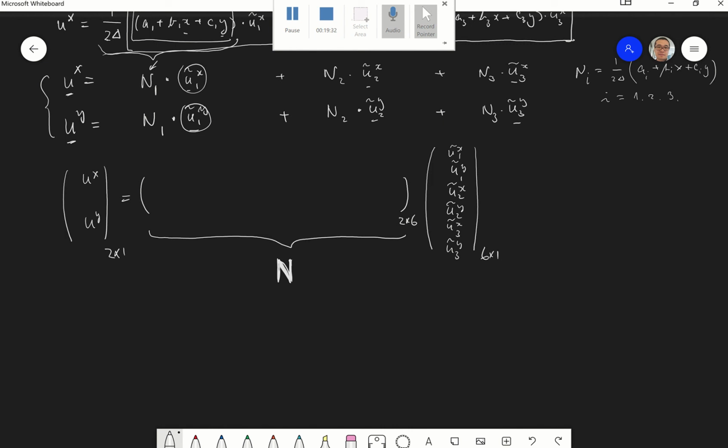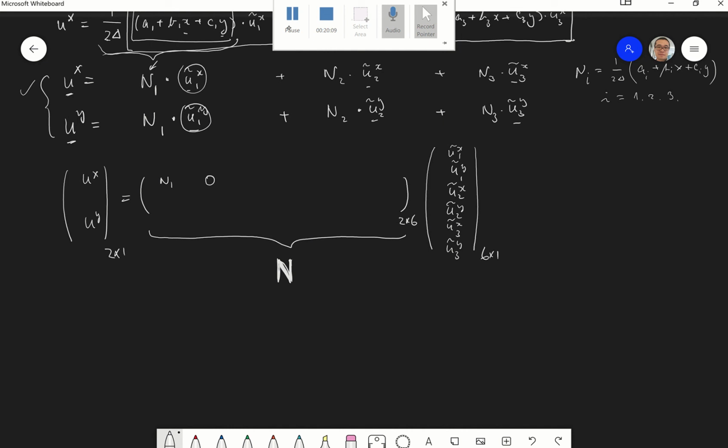We will have, say, ux only depends on u1x tilde. So here will be n1. Ux in this row, you need to have this row times the column vector. So Ux does not depend on u1y tilde, as you can see here. So the second element will be 0.